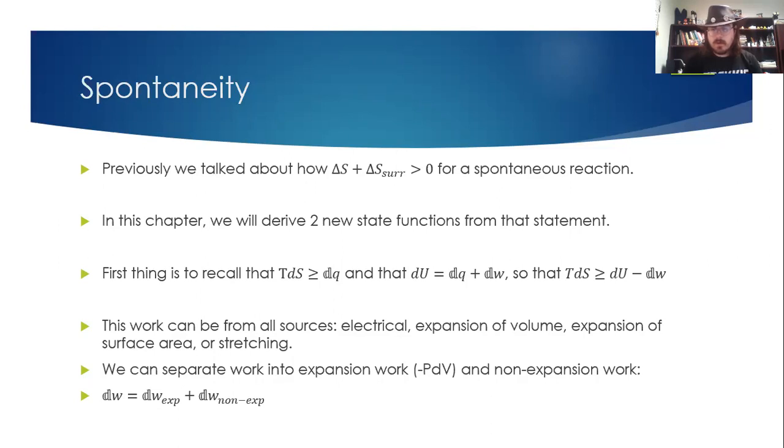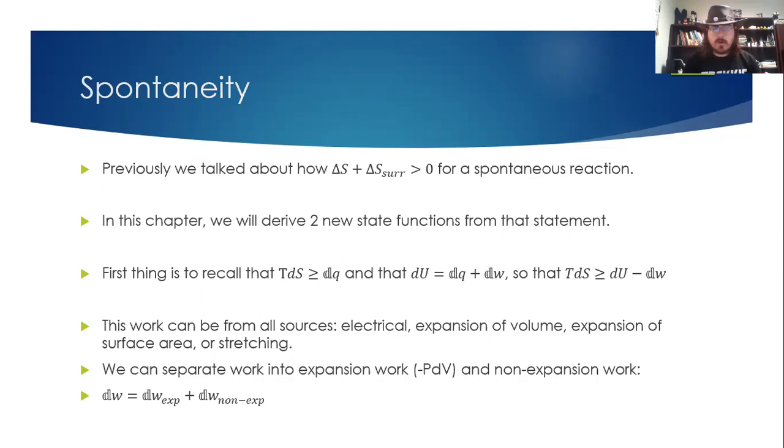So we can exchange the differential for heat for the differential for internal energy minus the differential of work.